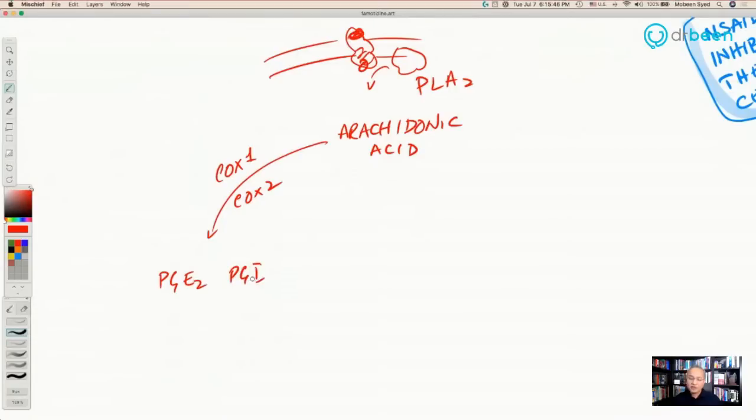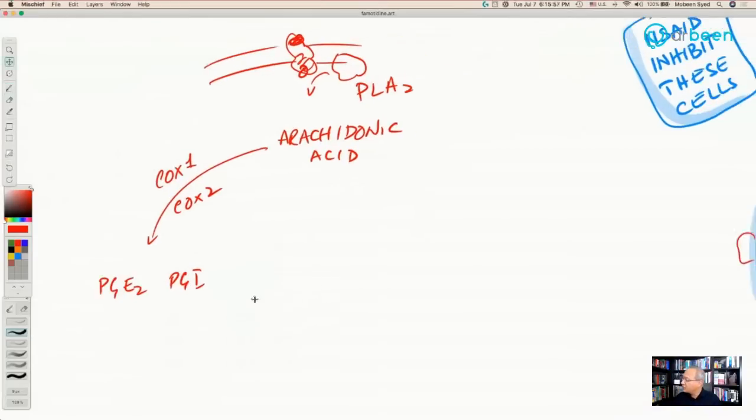This arachidonic acid, in turn, with the cyclooxygenase enzyme 1 and cyclooxygenase enzyme 2, can be converted to PGE2, PGI2, etc. And we have had this discussion many times, because when we were talking about the coagulopathies, that is when we talked about these enzymes and PGE2s and PGI2s.